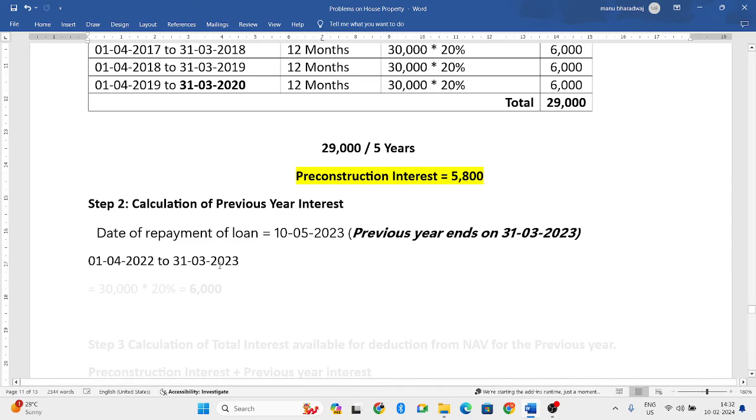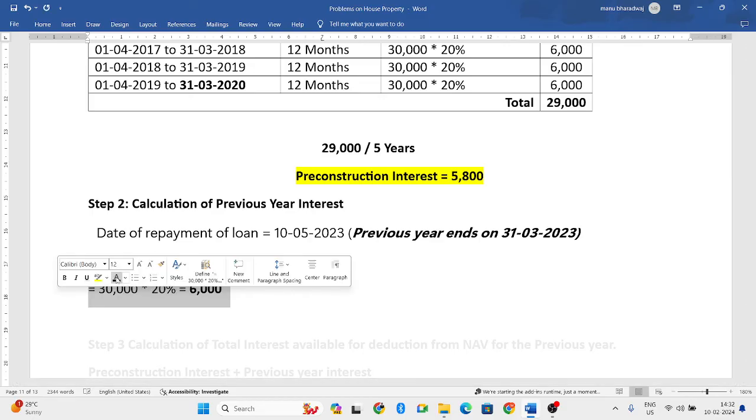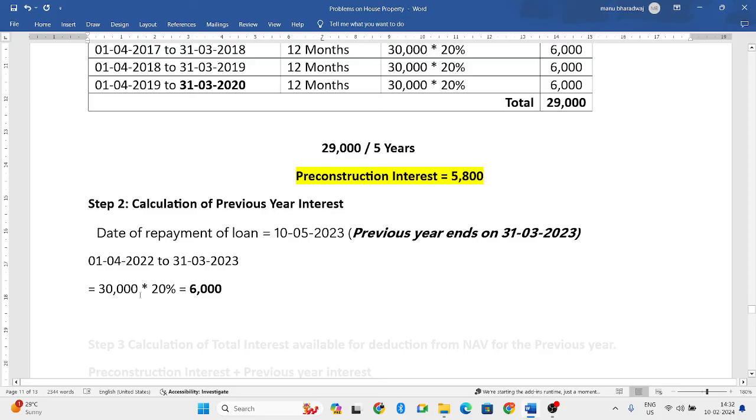That is from 1/4/2022 to 31st March 2023, for complete 12 months. So 30,000 into 20% is 6,000. The previous year interest is 6,000 rupees.